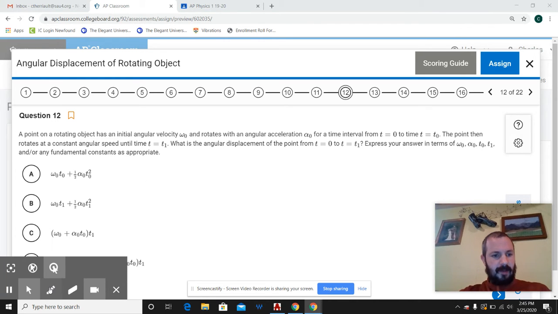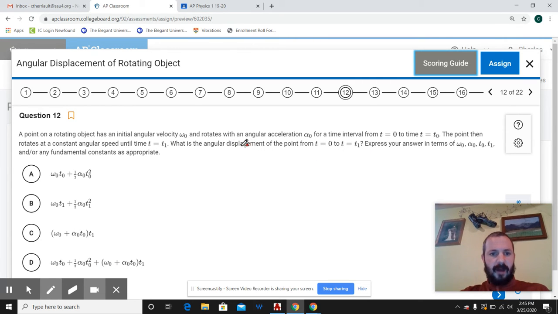So the only really key thing to note here is not only do you have a time where you have an acceleration, you have a time where you don't. So you have to apply 2 different equations here to get this to work.